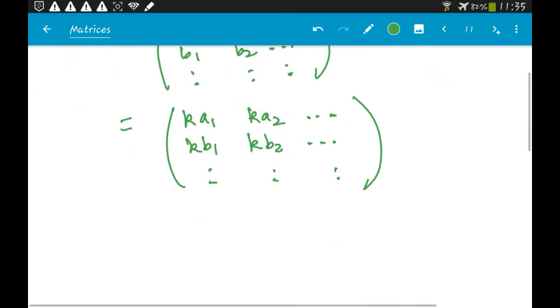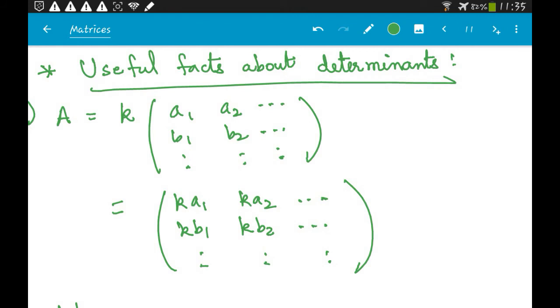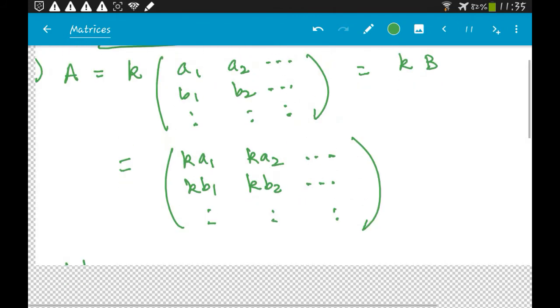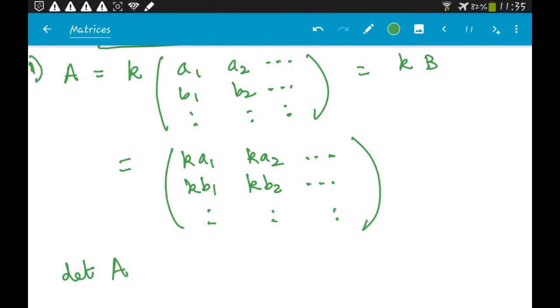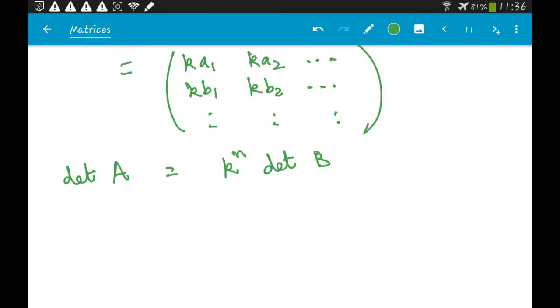So ultimately, when you find the determinant of A, if this was A, which is nothing but K into B, then determinant of A is nothing but K to the power n times determinant of B. Okay, so this matrix I am calling B. So this is the first fact.